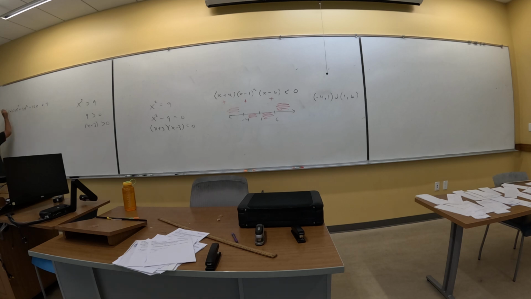So my domain, and I'm actually going to write it down. It's just good form to have that every time. Okay? Now, what's my first derivative? 6x squared plus 6x minus 12.